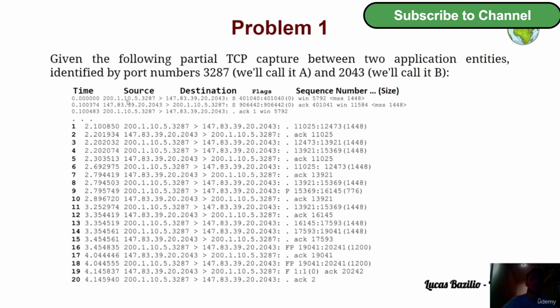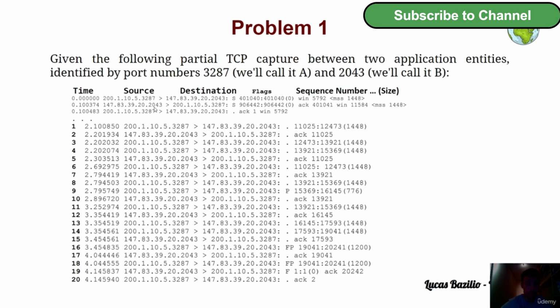So between the first synchronization that we send from the client to the server, remember, from the application A to the application B, we also saw in the previous question that the one that initiates the connection is the application A. So of course we begin with time 0, and then we receive the response, which is the synchronization plus the acknowledge from the B server.